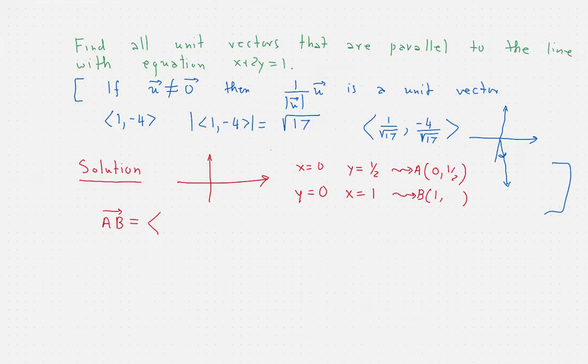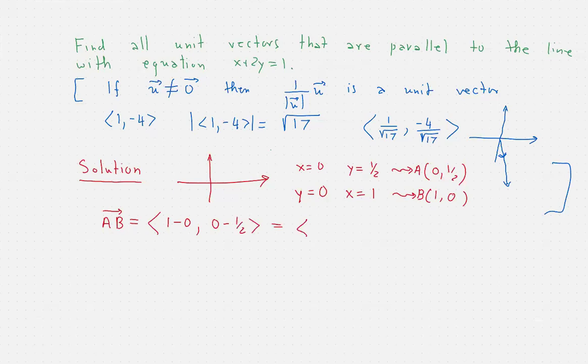So in this case, we will have 1 minus 0 and 0 minus 1/2. And this will give us the vector 1, negative 1/2.